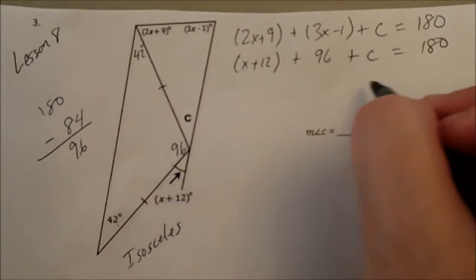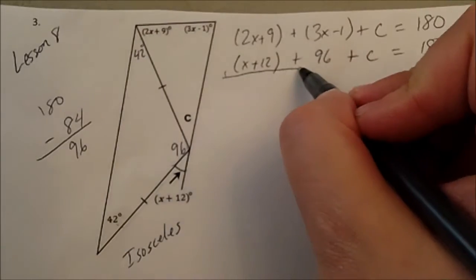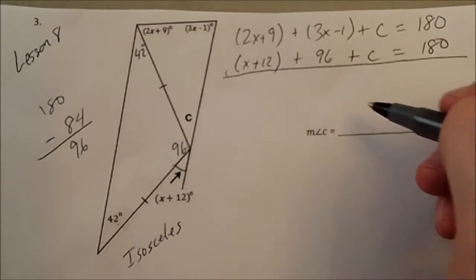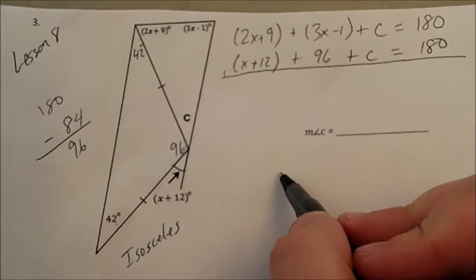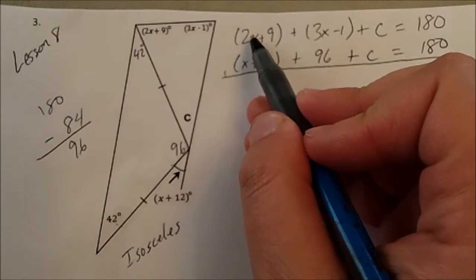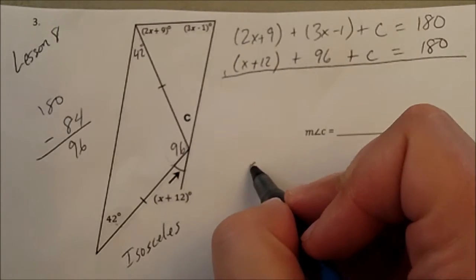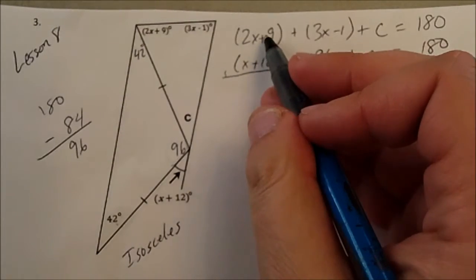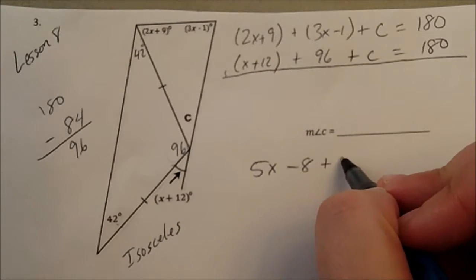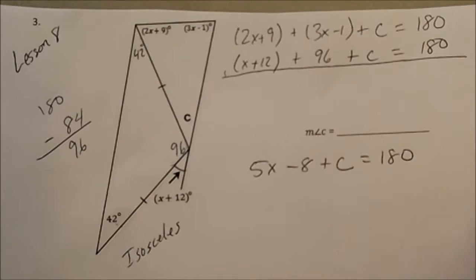So what I'm going to go ahead and do is transfer it all down to the bottom, so we can add like terms. 2x plus 3x is 5x. 9 minus 1 is 8. Plus c is equal to 180.